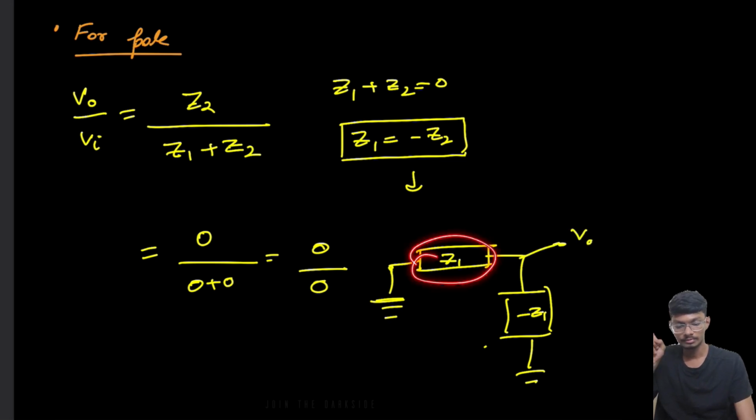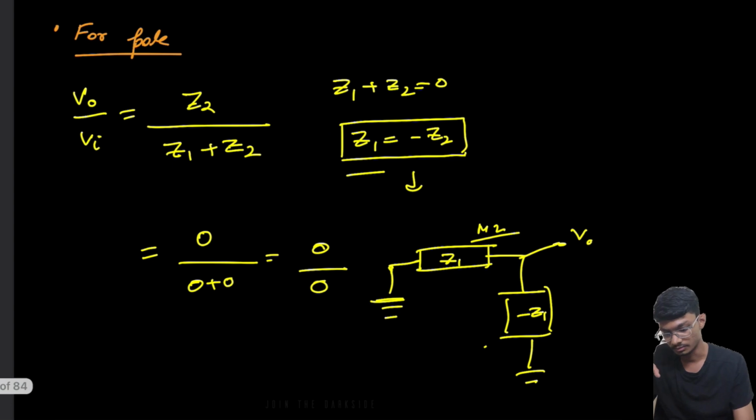Now remember what I told you earlier, that if this is Z1 and this is minus Z1, then we'll get infinite impedance. That's what we need to do: make infinite impedance between VO and ground. This is also another method of doing it. Both of them are telling the same thing, right? So basically you can do it in either way.